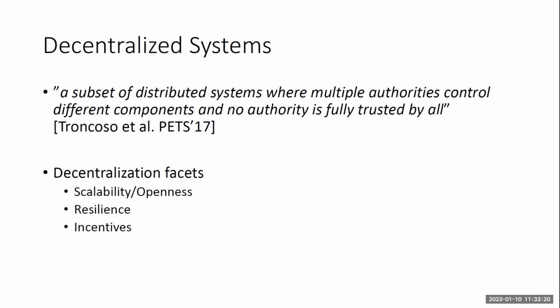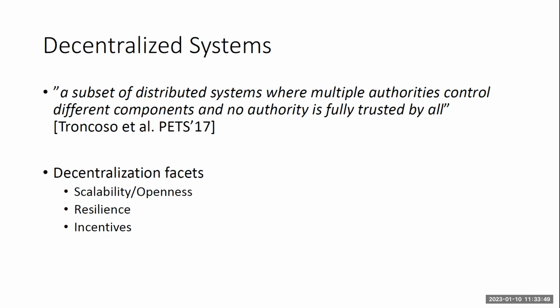And there are many facets in these decentralized systems that need to be taken care of, including scalability, which is one of the known properties of decentralized systems, but it needs to be implemented correctly. Resilience, because these systems are usually open to many participants, and you have to take care that things are not going wrong in the system.